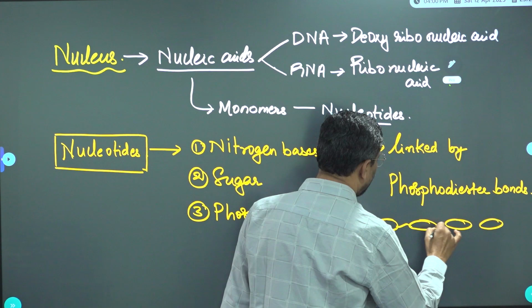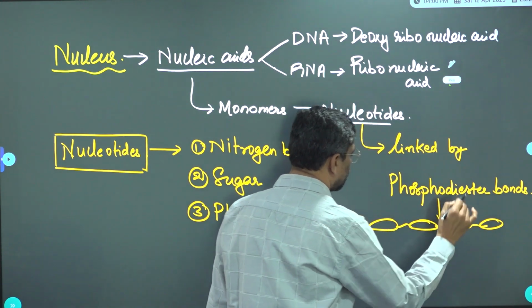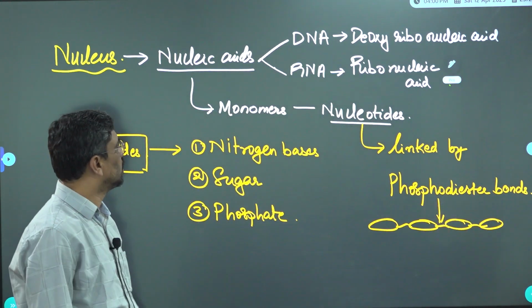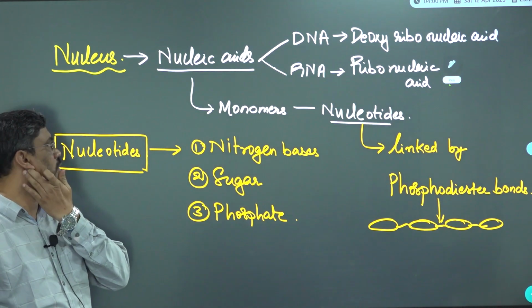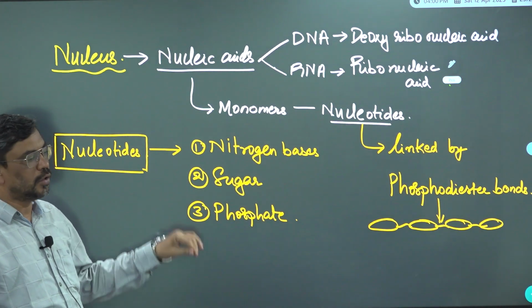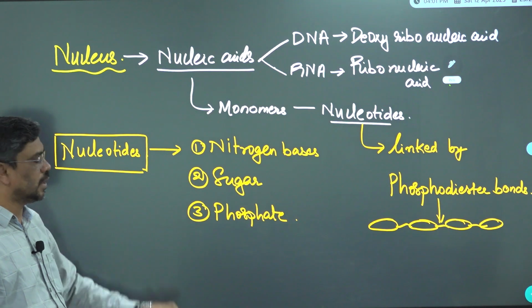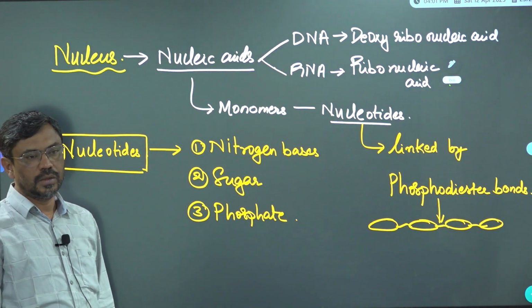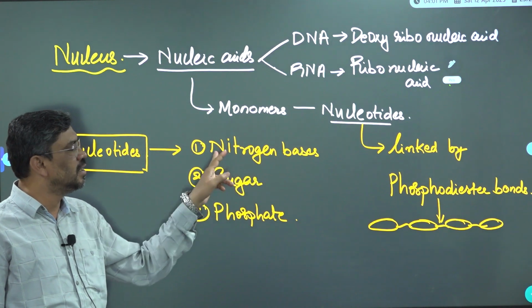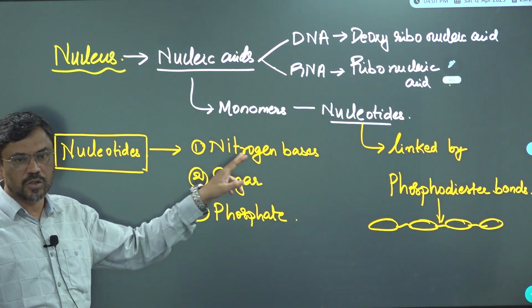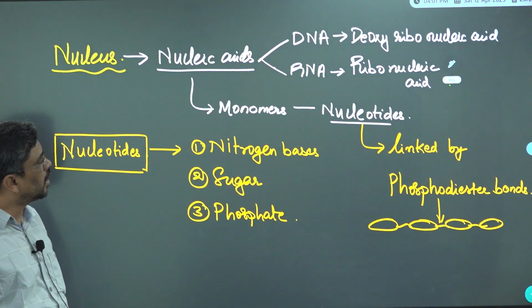These are all linked by phosphodiester bonds. So the nucleic acids are made up of nucleotides. The composition of a nucleotide is nitrogen base, sugar and phosphate. The nitrogen bases, as the name itself indicates, are basic in nature and contain nitrogenous compounds.